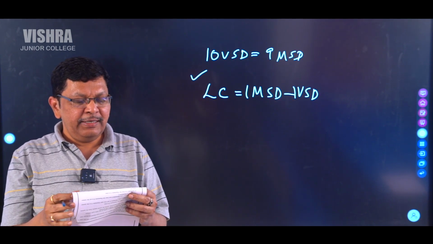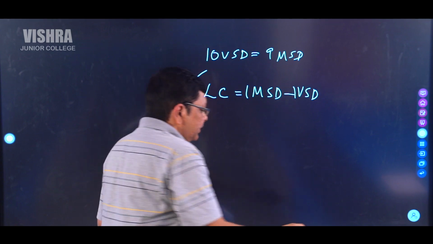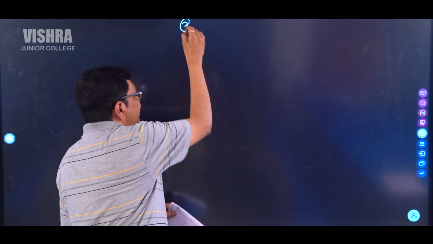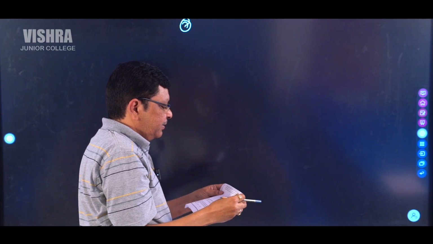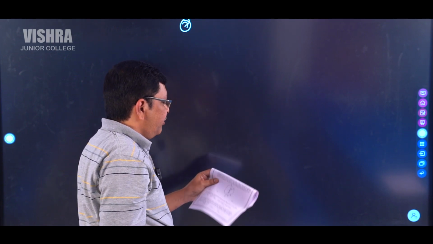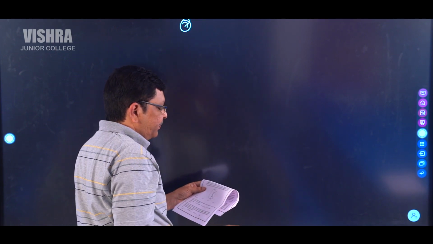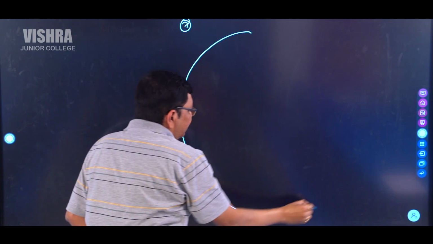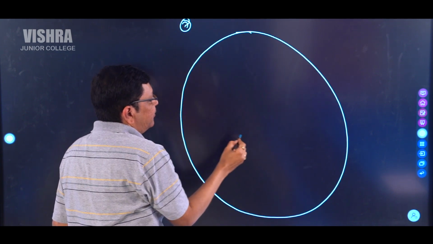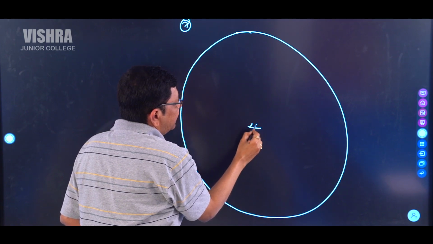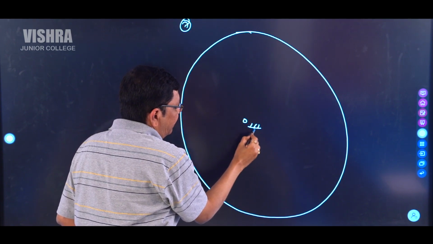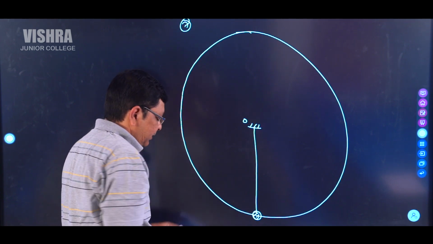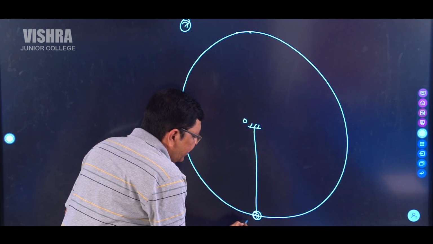Let us go to the next one. This question is from vertical circular motion. In this question, the bob of a simple pendulum of mass m is suspended at a point O. Imagine this is the vertical circular path moved by the bob, and this is the point of suspension O. The bob's lowest position is here, and a diagram is given.